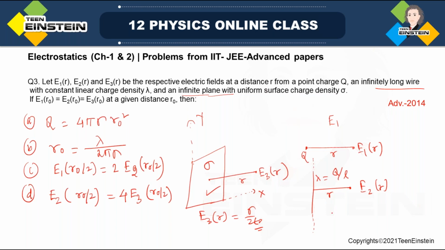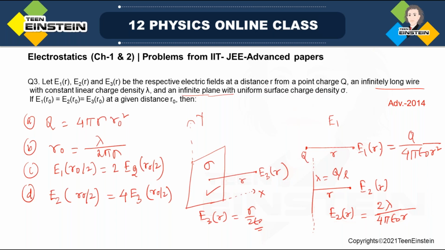Similarly for E2(R), the electric field produced by a line charge is 2 lambda by 4 pi epsilon naught R, and for a point charge we know this is Q by 4 pi epsilon naught R square.